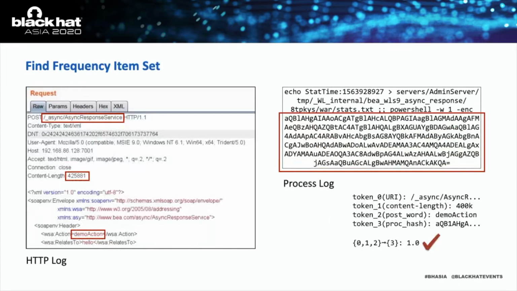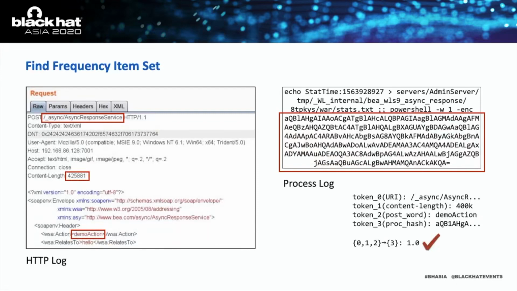To achieve this, first we gathered the HTTP request log and the endpoint process log, then split words in each log and searched for the frequent item set. In this case, we can find a group of servers that have three common strings from the HTTP URI, the content length, and a special string in the POST data.